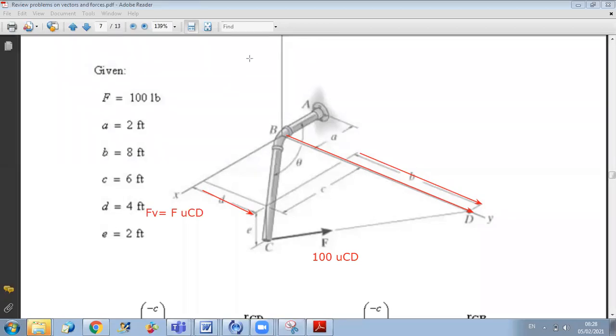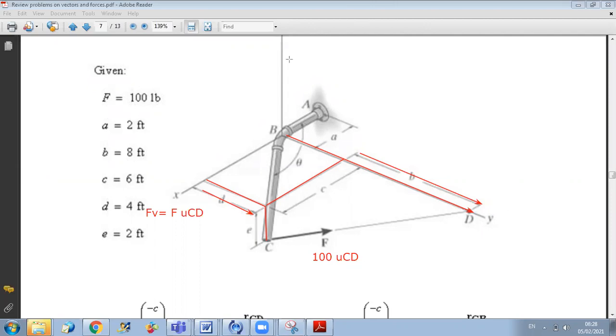So C has three components. Along X, it has component C plus C. Along Y, it's plus D. And since it's below the Z axis, it's a negative Z component, minus E. Once you have all coordinates, you find unit vector CD.